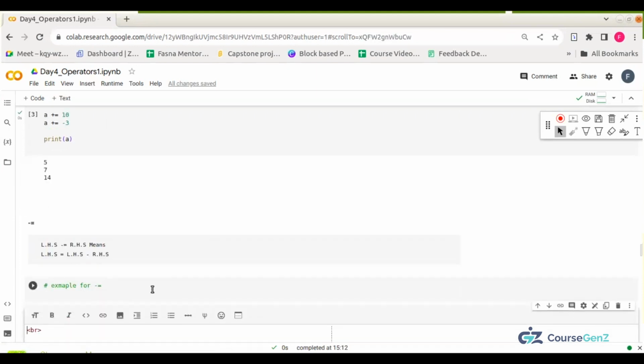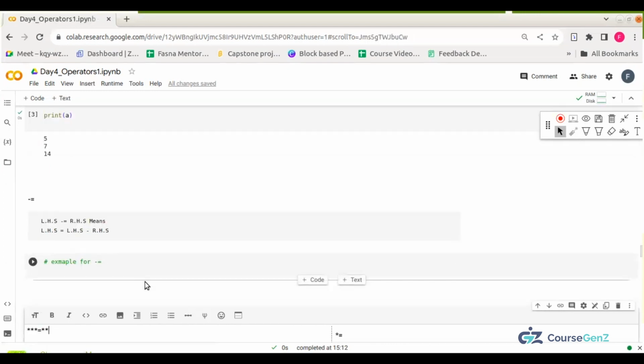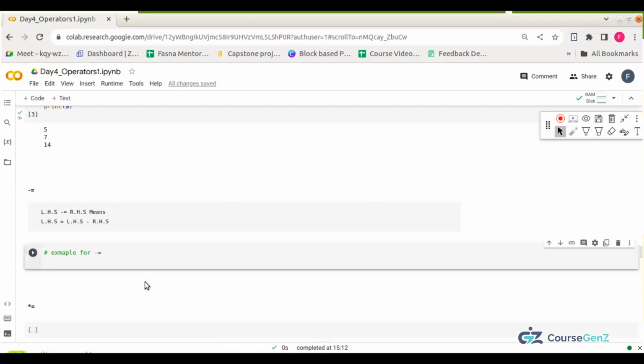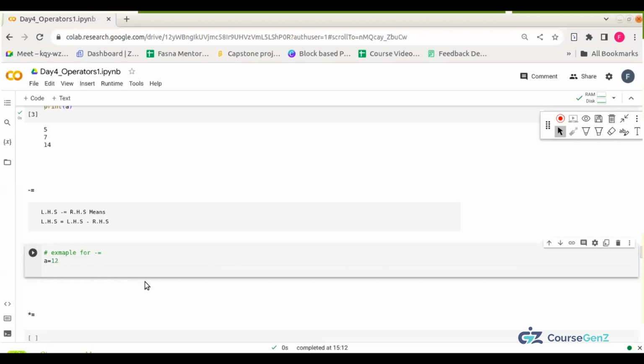Then comes minus equal to. Minus equal to means LHS minus RHS, left hand side minus right hand side. a minus equal to 2 means a is equal to a minus 2. Okay, so let's try doing some examples. Say a is equal to 12.